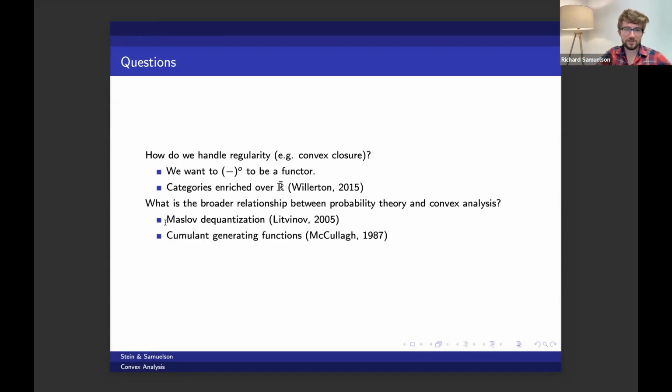And the other direction is through this thing called Maslov dequantization, which I don't entirely understand, but basically says that often you'll find this correspondence between systems defined over addition and multiplication and systems defined over the tropical, I forget what it's called, tropical semi-ring of maximization and infimization.